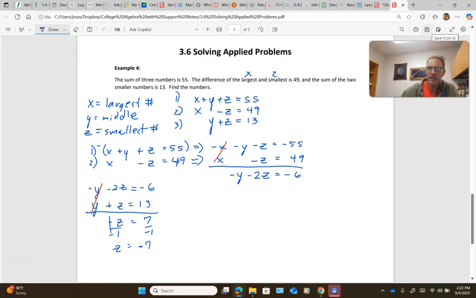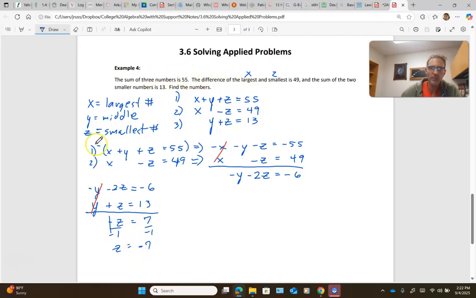Now you may be saying, well, didn't you just say that you need to question yourself as to whether these numbers make sense in the context of the problem? Well, you may say, no, it doesn't, and that's because we tend to think of only positive numbers. Okay, it doesn't say anything about the nature of the numbers.